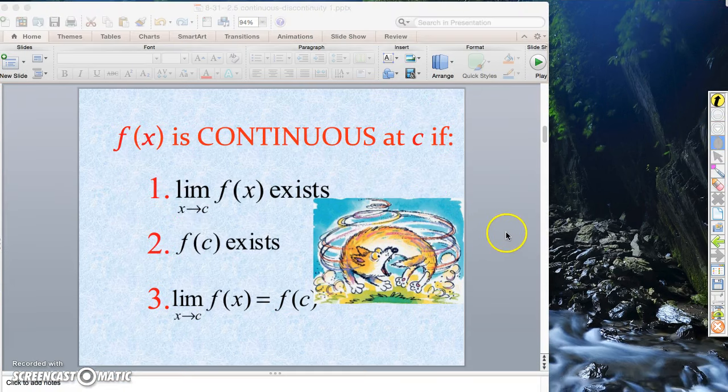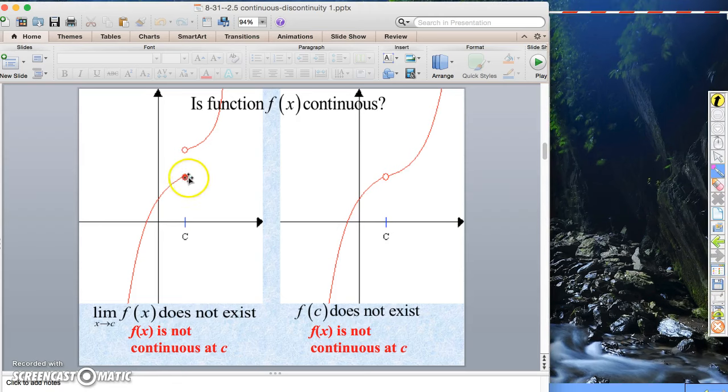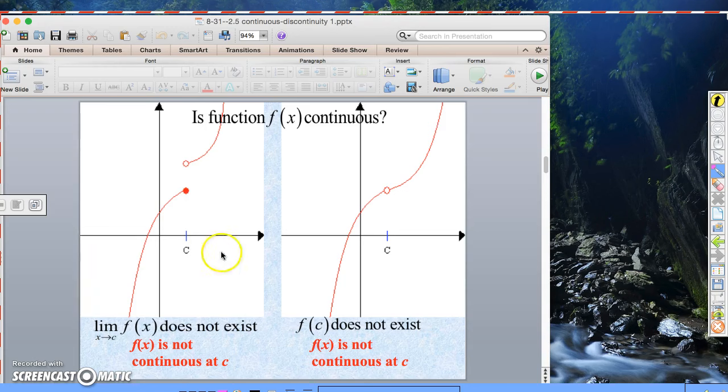Here's example 1. Take a look at example 1 here. You can clearly see that the limit as x approaches C from the left is right there, and the limit as x approaches C from the right is right here.